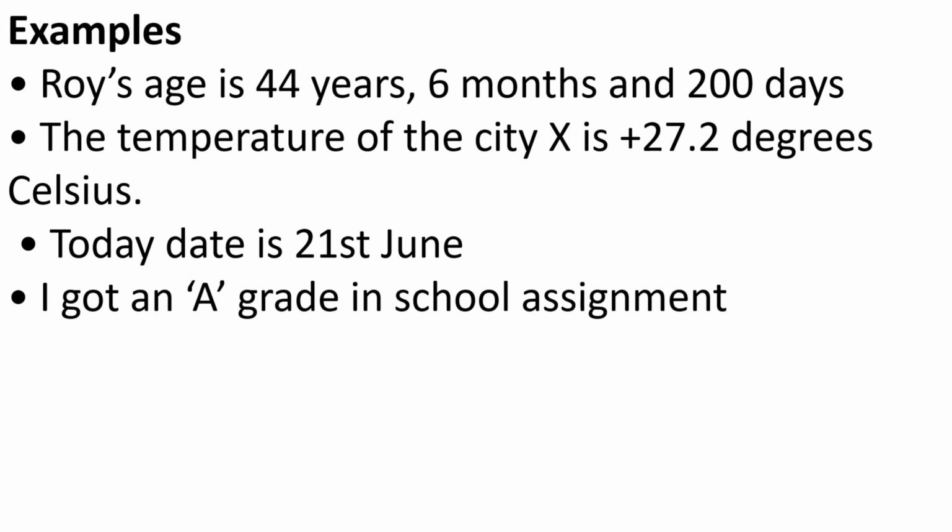Here 27.2 is a real number and X is a character, right? And let's say I got an A grade in school assessment. Here the data, the grade A, is a character. So all these are different types of data available in the real world. We will see how to represent them in a program.